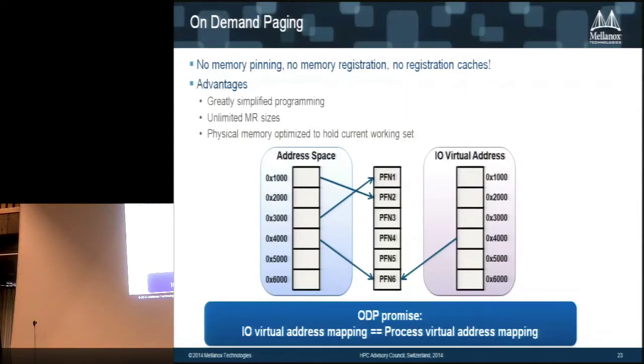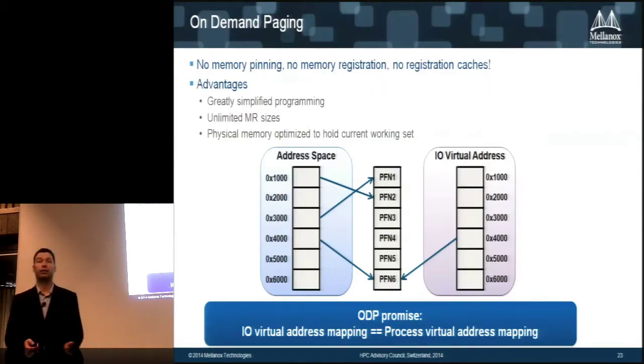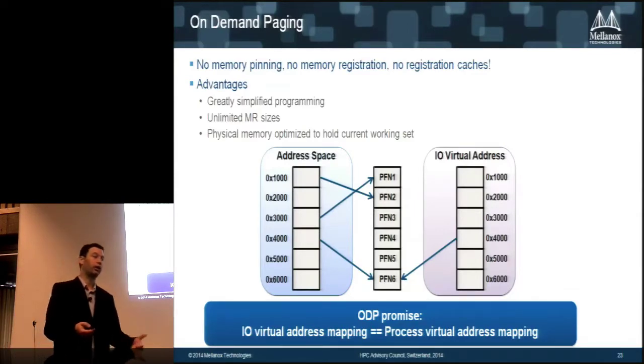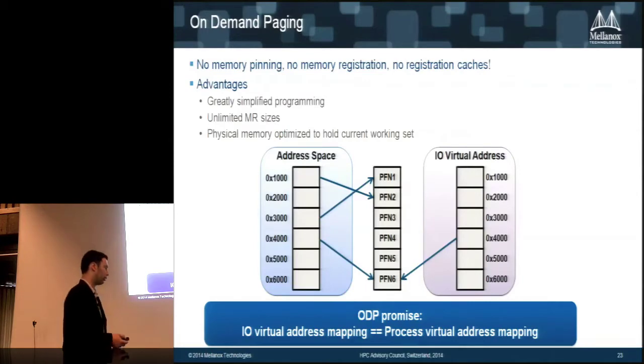So once you turn on on-demand paging, you don't need to do any pinning anymore. If a page is released, the hardware table is synchronized, and whenever the hardware needs a page and the mapping is missing, it will be handled the same way as in the processor, by issuing a page fault. That's all magically handled by the hardware and the driver.